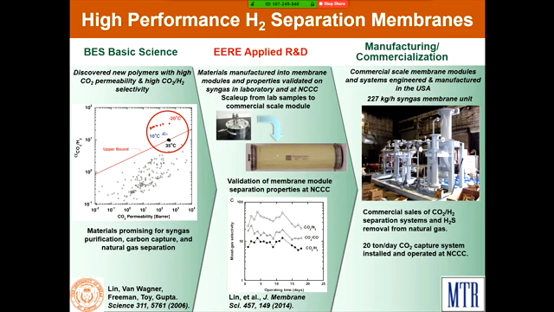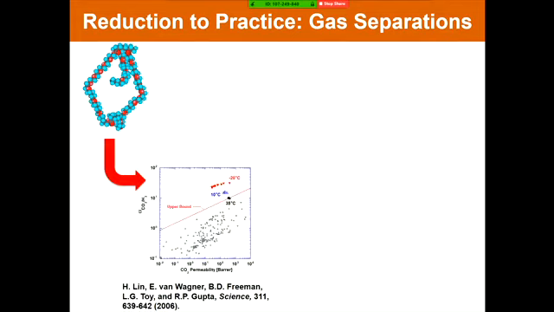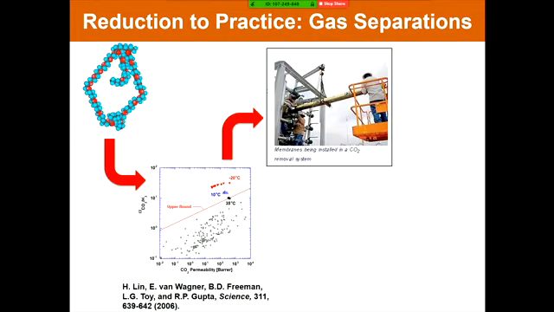They were ultimately commercialized for things like CO2 removal from hydrogen streams in the hydrogen manufacturing process. I have one more slide about that, showing the basic molecular structure of those polymers, yielding these very high transport properties, the first commercial applications for CO2 over hydrogen separations.